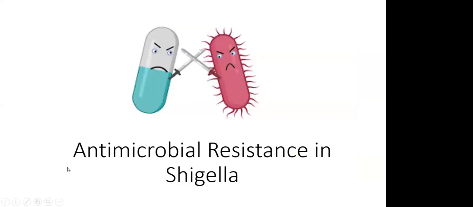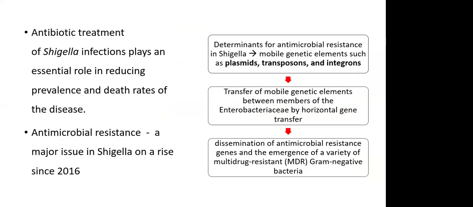Now a word about the antimicrobial resistance in Shigella. Nowadays a large number of resistant strains of Shigella are emerging. Treatment is an essential part in reducing the death rates and prevalence of the disease. But antimicrobial resistance has been a major issue in Shigella since 2016, where MDR strains and even XDR strains are arising.